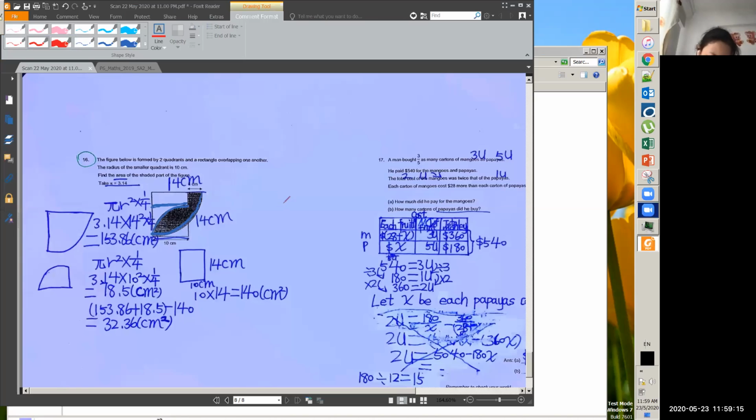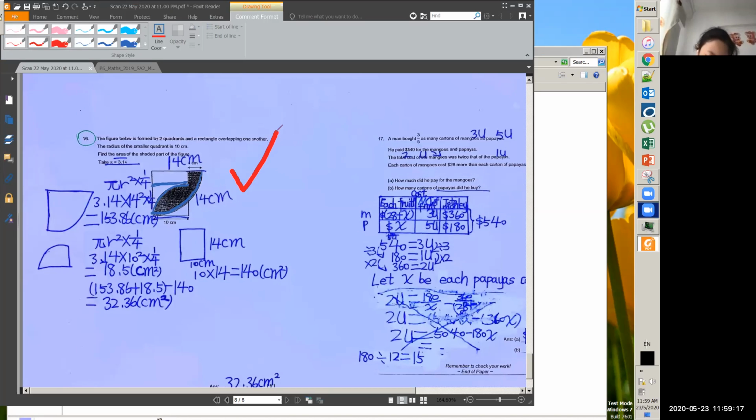We just talked about how to do this question. Very good. I start to see this: use the table method, and then subsequently you get to find the answer. Very good.